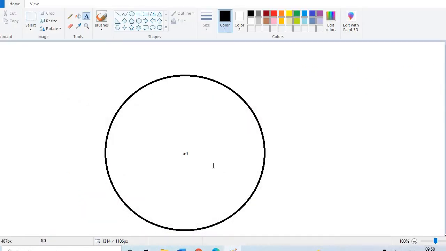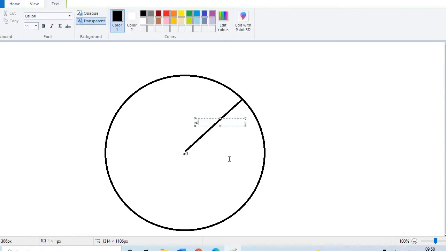If we consider the picture, the neighborhood is nothing but, let us consider this time, this is the distance, that is, the length is d or delta.